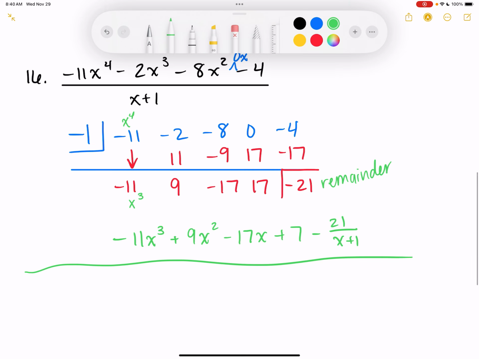So f of x is equal to x minus k times q of x plus r. So basically it's just a slightly different way of writing what we just did. It pretty much ends up being the same thing, except we're also writing in what we divided by.